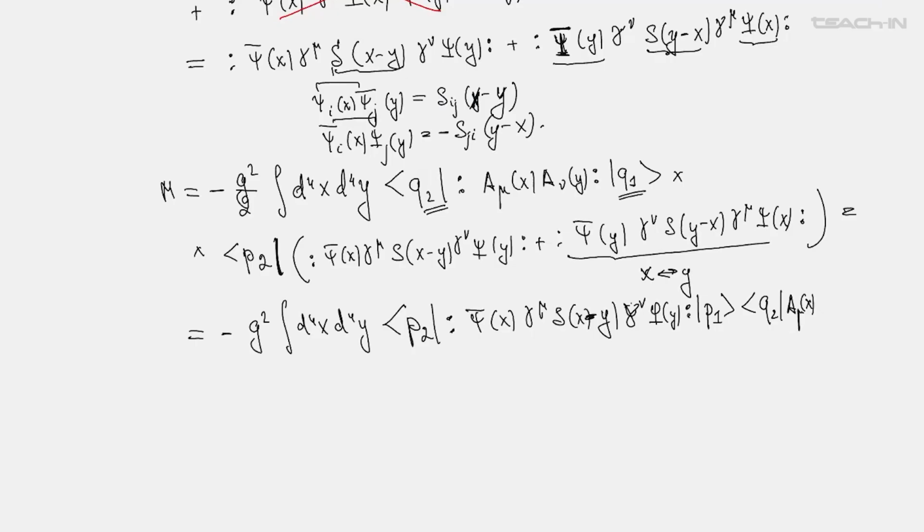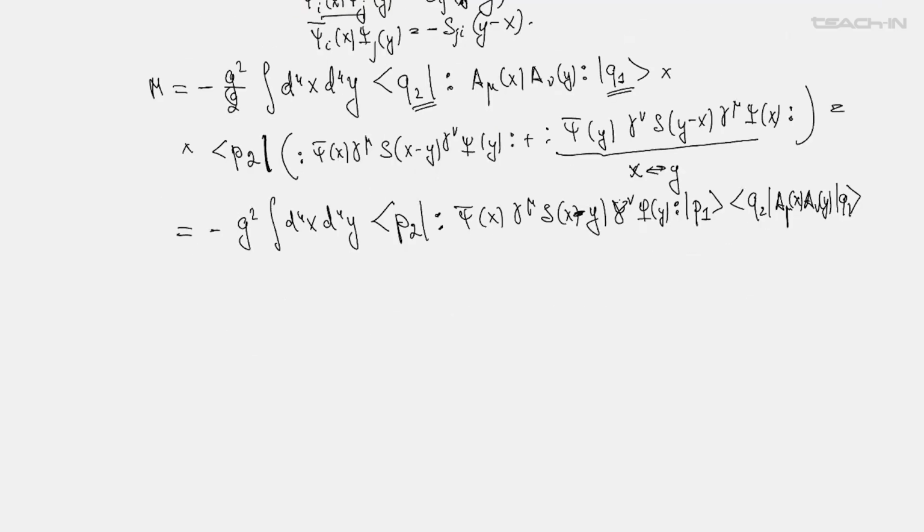So this is what we have to compute. Now let's assume that our electrons are polarized with polarizations S1 and S2. So let S1 and S2 be the electron polarizations.